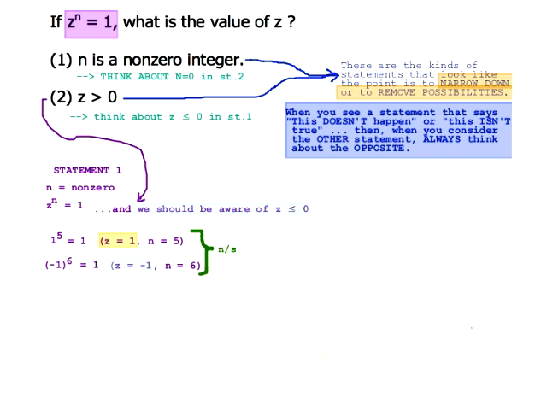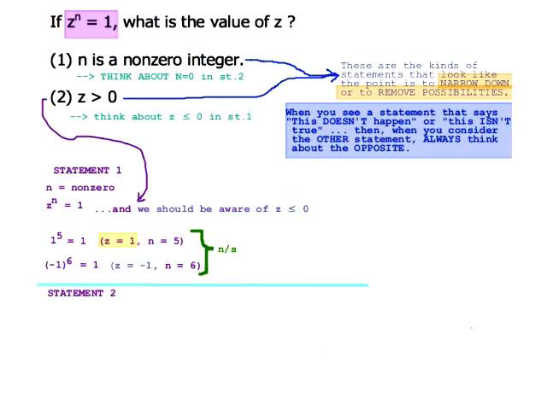Okay. Now let's look at statement 2. All right. So statement 2 tells you that z is positive. I mean, z can be any positive number. If you can have the 0 power for n, that's not going to tell you what z is.